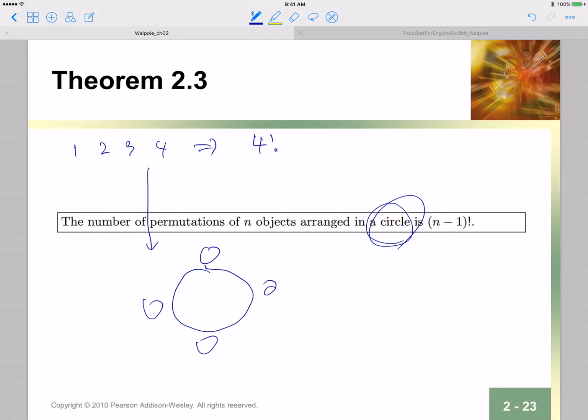In this case, since the circular table can rotate, 1, 3, 2, 4 is the same as 4, 1, 3, 2, right? Which is like a little bit rotated version. So they should be considered the same. So for each of these cases, there are 4 redundancies here. So overall, after we compute this, we have to divide it by 4 because all 4 of these different cases are considered as just 1 because we just have a circular table.